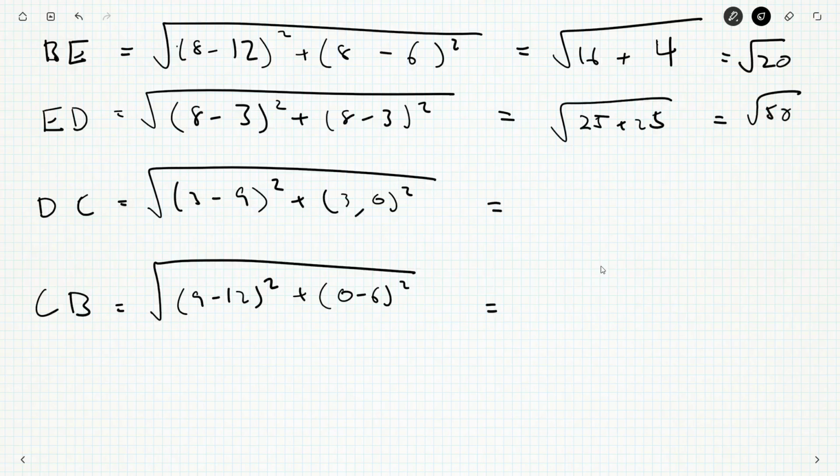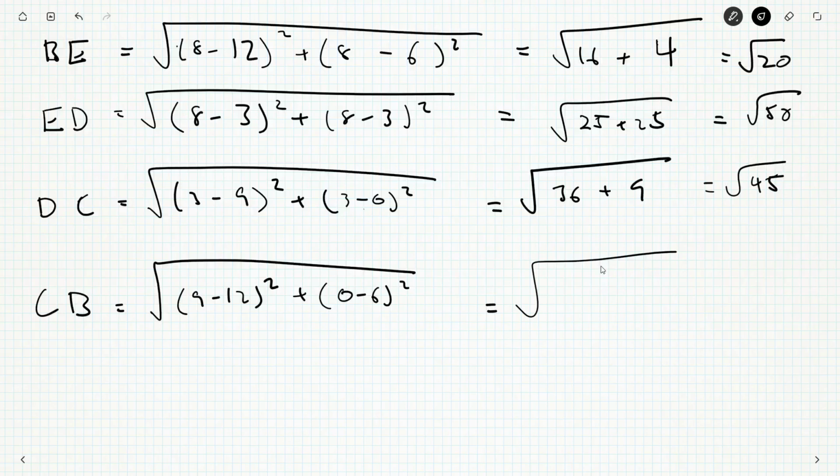And what have we got? 6 squared is 36. Should be a minus. So 6 squared, 36, and then 3 squared is 9. So that's square root 45. This one should also be square root 45: 3 squared is 9, and 6 squared, 36, root 45.